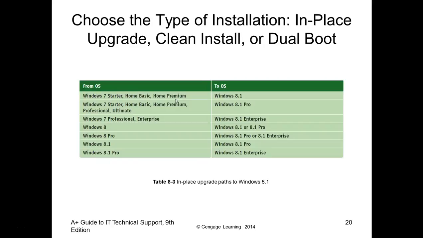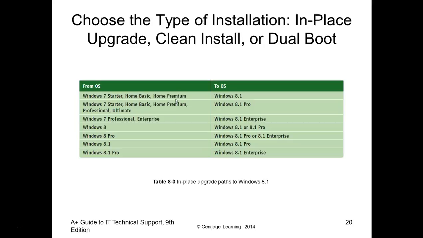Okay, as far as upgrades are concerned, here's a list of what you can upgrade from and to. So you can see Starter, Home Basic, and Home Premium. You can upgrade to 8.1. Starter, Home Basic, Home Premium, Professional, and Ultimate. You can go to Pro, Professional, and Enterprise. You can go to Enterprise, so on and so forth.